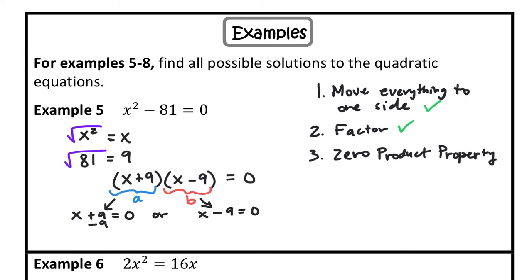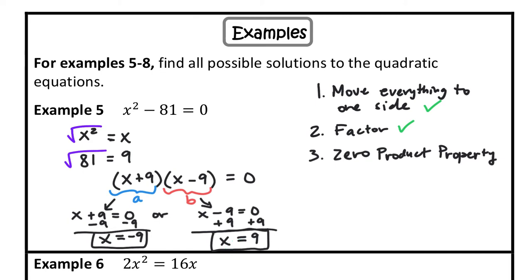So I subtract 9, x equals negative 9, or add 9, x equals positive 9. So those are my two solutions, negative 9 and 9.